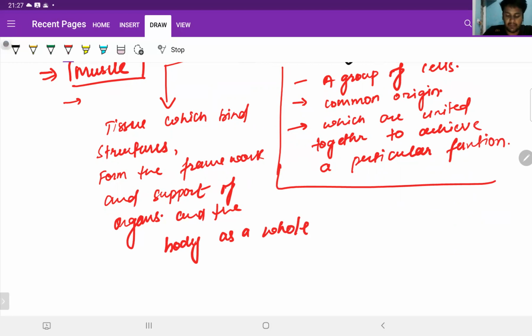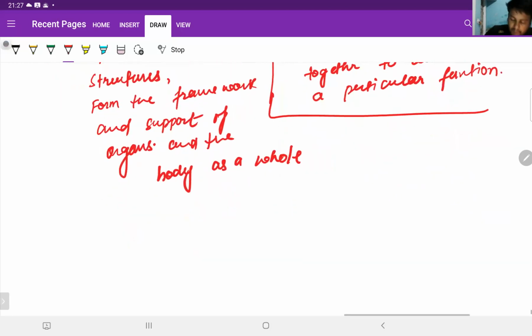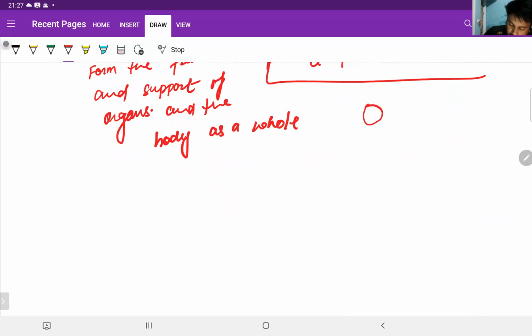Let me give you some example. Our skeleton is formed by the bones, right? Our skeleton is formed by the bone, which is a very strong form of connective tissue, and this is the reason why we are able to stand erect on our body, right?